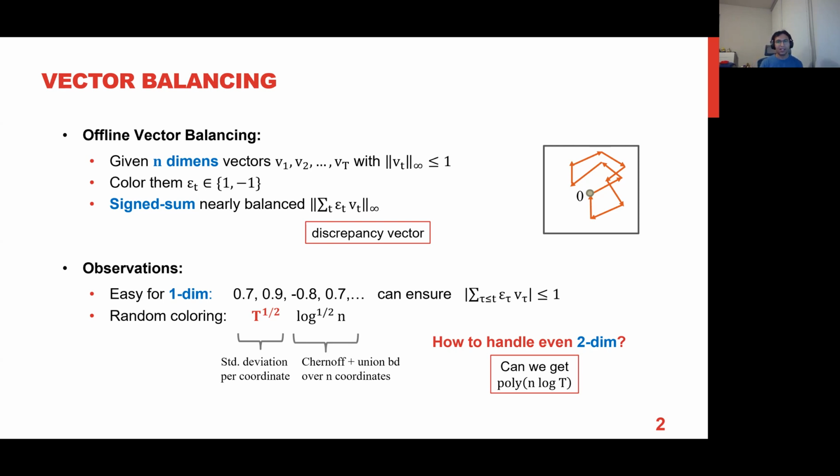However, because of variance, and because of the union bound over the coordinates, you get bounds which are roughly square root T times square root log n. This square root T is not good. We don't want to lose a polynomial in T, and we want something either independent of T or maybe polylogarithmic in T, because T is large.